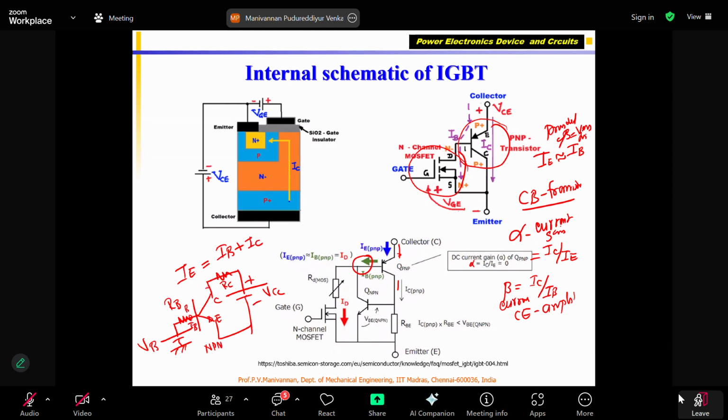This current is called IC. We know that a transistor is not an energy storing device. Whatever goes in, where are they going? See the arrow direction. Current goes in through the base and the collector, and it comes out through the emitter, because a transistor cannot store energy. It is not a capacitor.